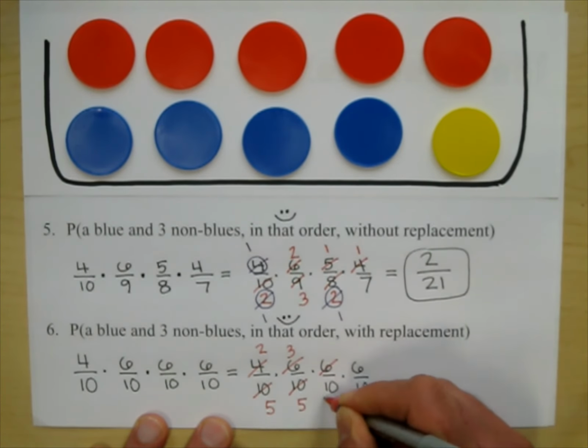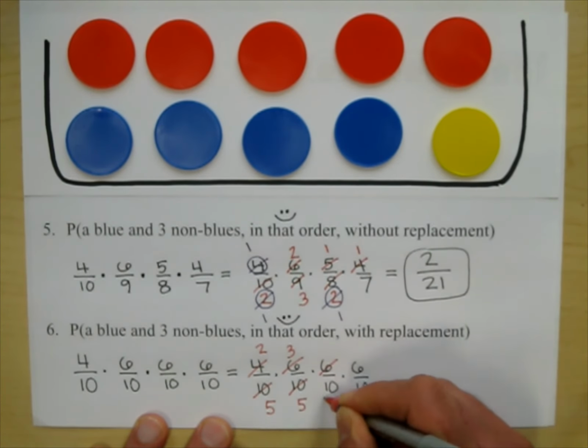Now, here's the deal when you have combinations. 5 choose 1 is 5. 1 choose 1, go to row 1, 1. 10 choose 2, 45. So this is 5 times 1 all over 45.